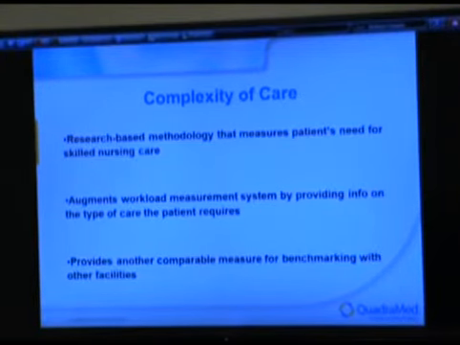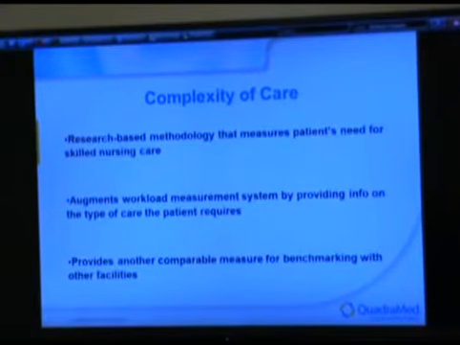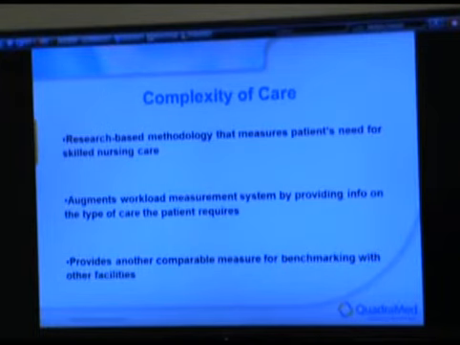Okay. If we're looking at acuity to define how many hours of care a patient needs, complexity of care looks at who should provide the care. Now, complexity of care is a score that you get when you classify a patient. Complexity of care uses the same set of indicators as acuity does.